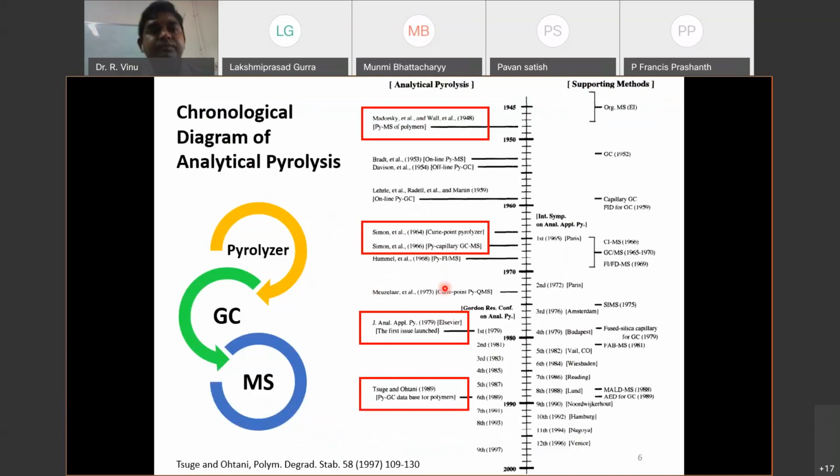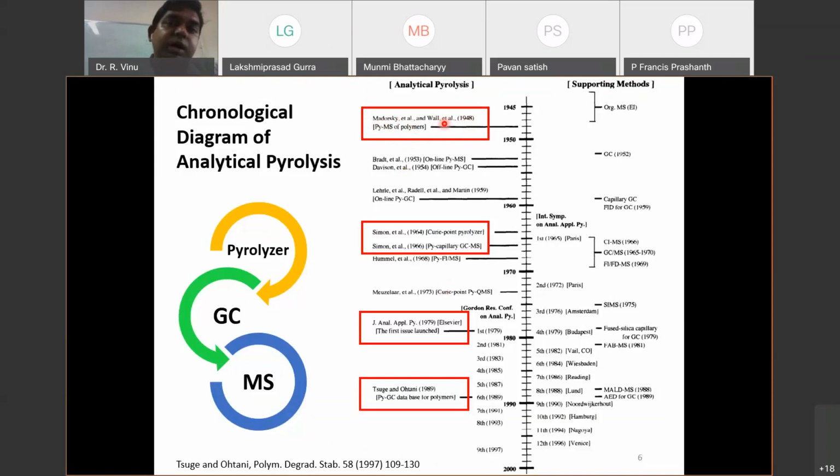It probably started in 1948 or the early 1950s, when it was used to study the pyrolysis of polymers.